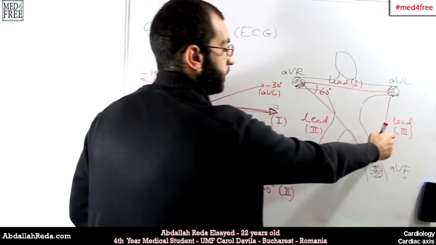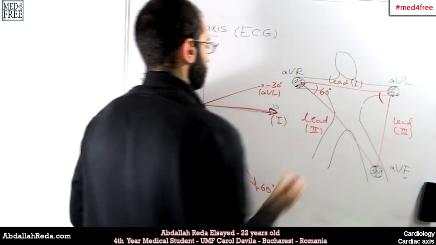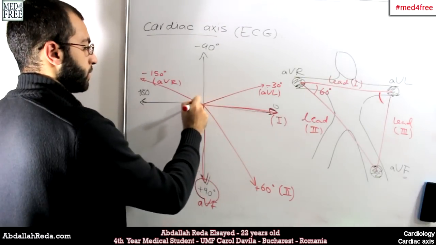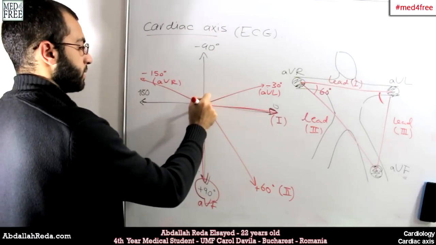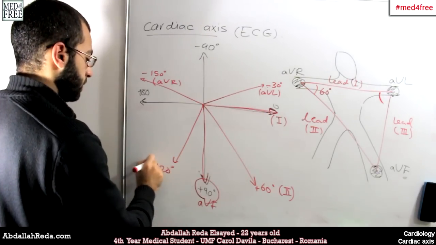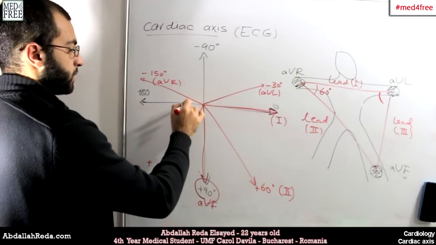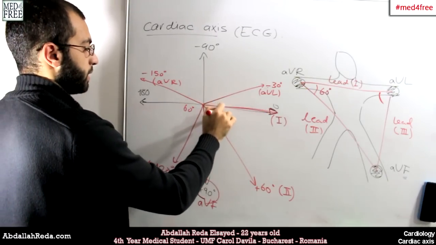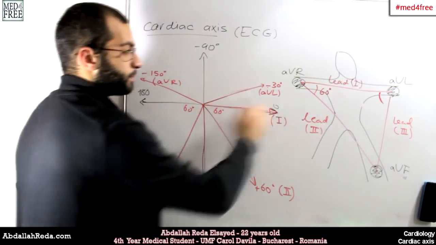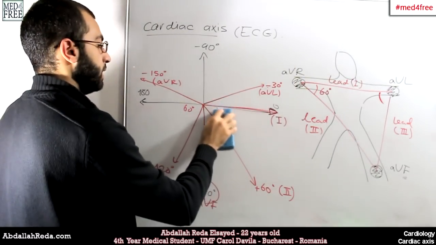And finally, lead 3 will be on the other side, also 60 degrees from the x-axis, so we're going to put it at positive 120 degrees. This is lead 3. So as you can see, the plotting corresponds to the actual physical distribution of the leads on the human body.